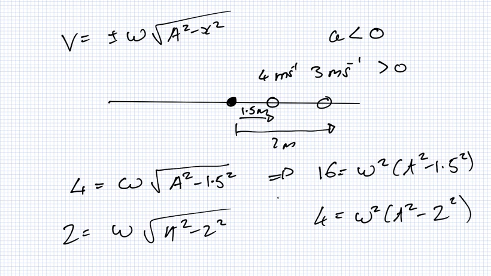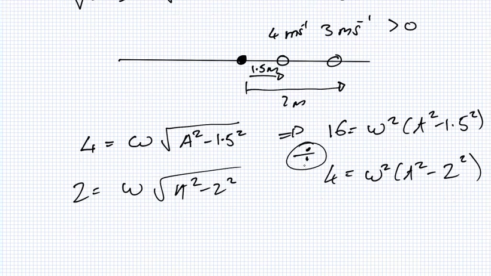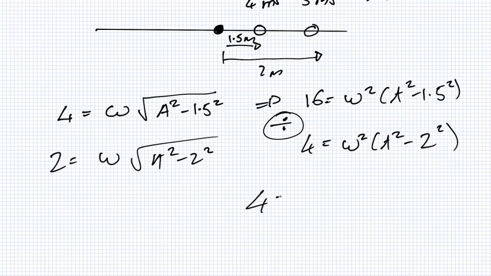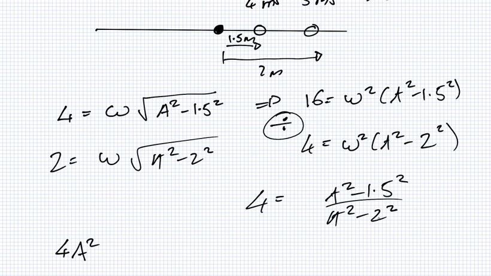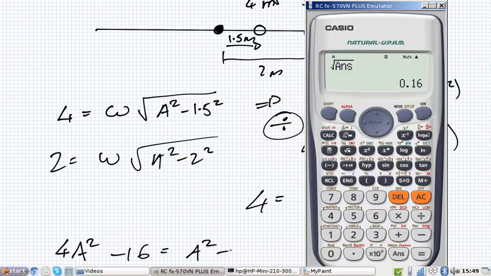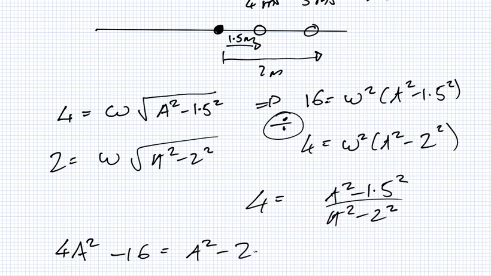So the best way to put these together is by dividing them. And we end up with 4 equals a squared minus 1.5 squared over a squared minus 2 squared. And this can give us the a. We get 4a squared, 2 squared is 4, so that's minus 16 equals a squared minus 1.5 squared is 2.25.